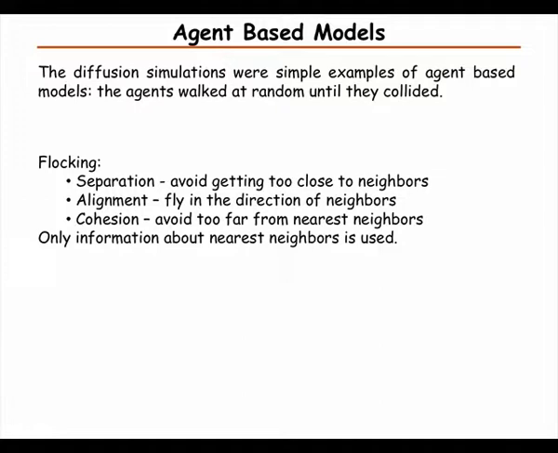The three main rules that one would apply to each agent are that first, they shouldn't get too close to the closest neighbor, then they should fly in the same direction as the other birds around them, and they shouldn't go too far away from the nearest neighbor. They can only see their closest neighbors, but still we get the complex flocking behavior that we see with birds and with fish.